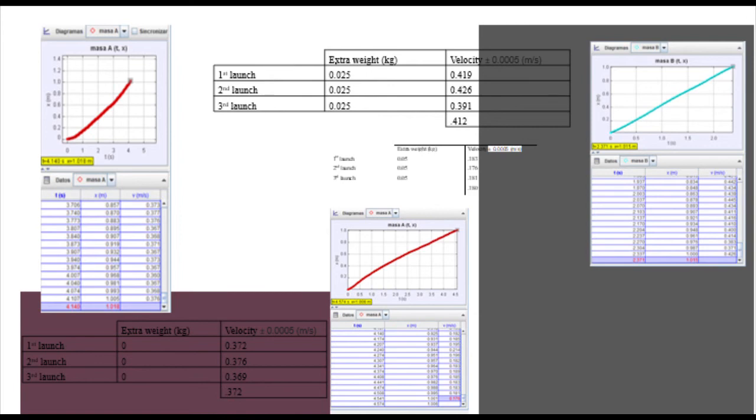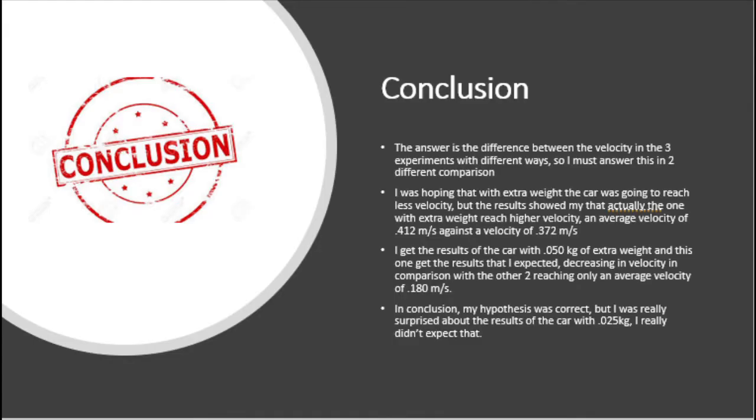And finally, the last trial with 0.05 extra kilograms of weight gets an average velocity of 0.180 meters per second. Now that we know all the information that we need, we can answer the research question.